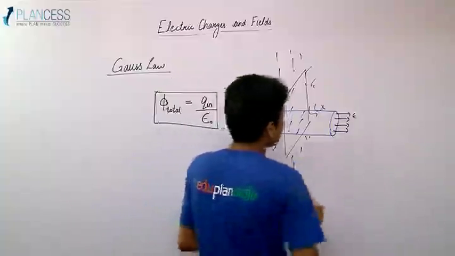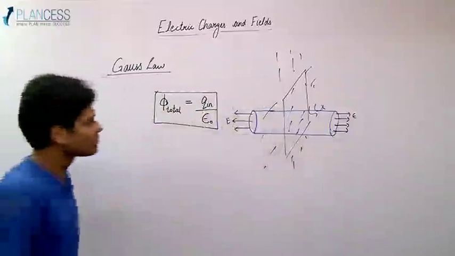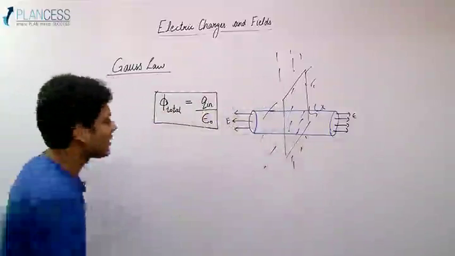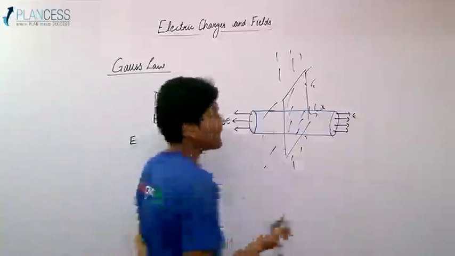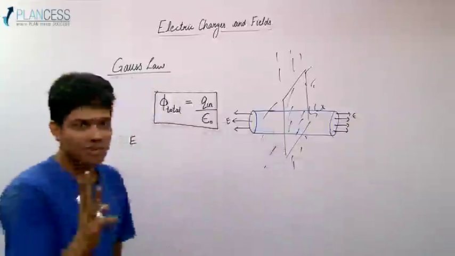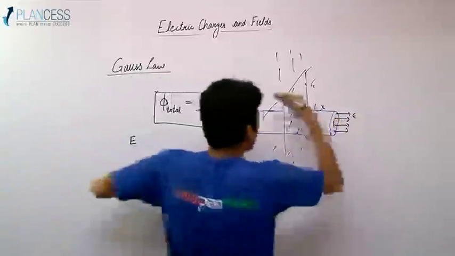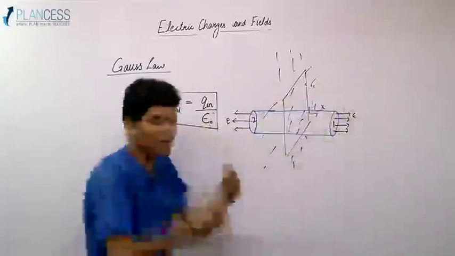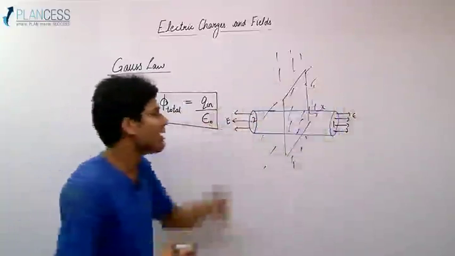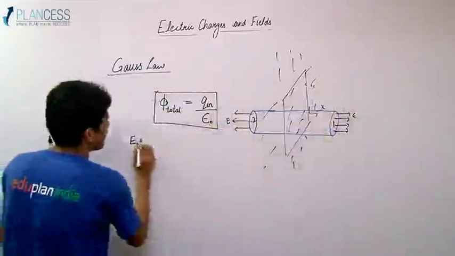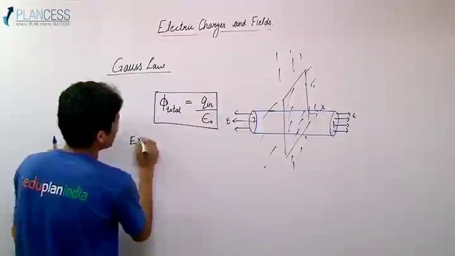And now if I want to write down the formula, I can take this as the sum of three surfaces: surface 1, surface 2, and the circular part, that is the lateral area of the cylinder. So for surface 1, I can write down flux as E into pi x square.